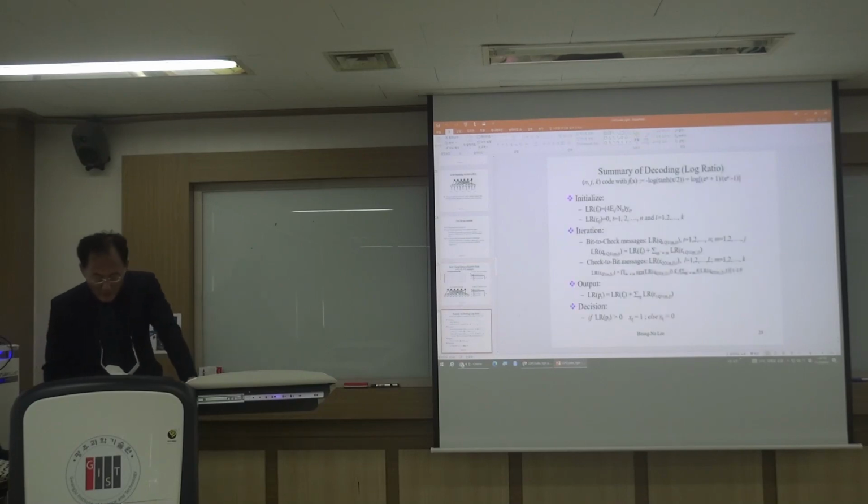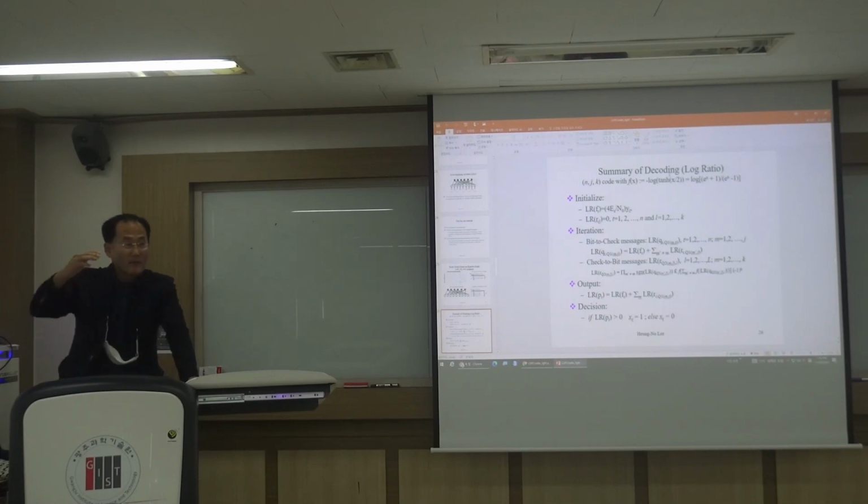We represent it as a log ratio of the probabilities. If you take the log of the ratio, the value is either greater than 0 or smaller than 0.